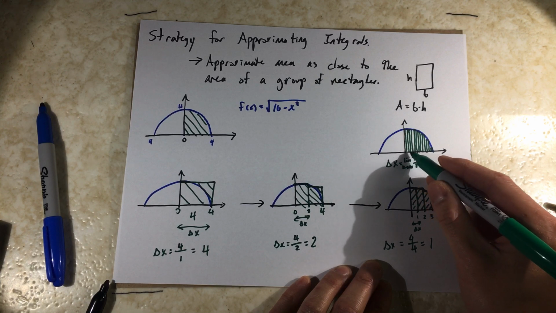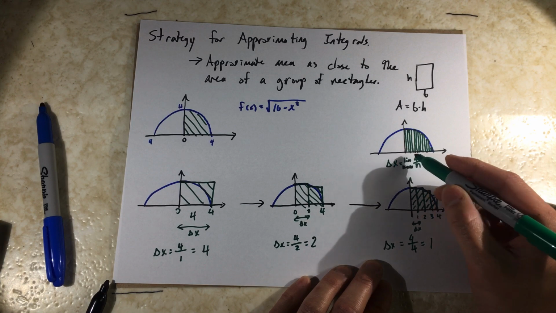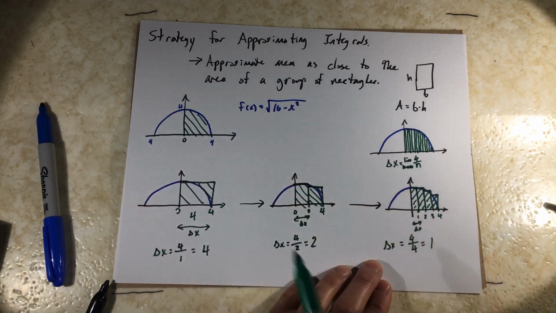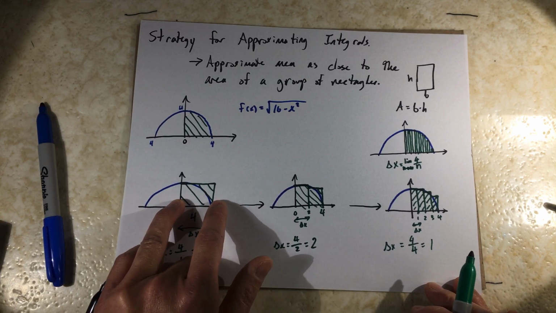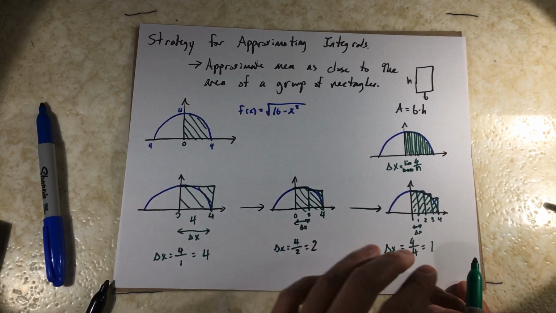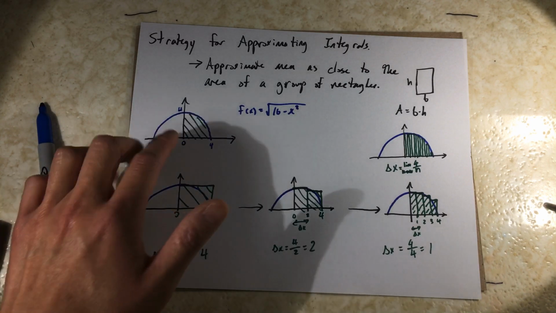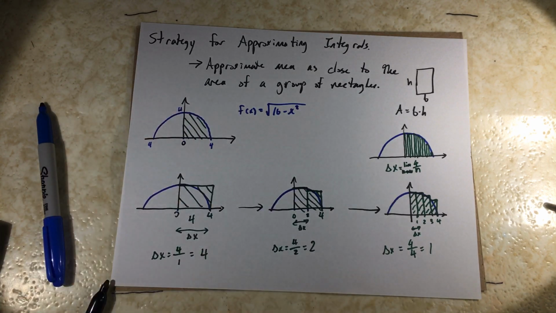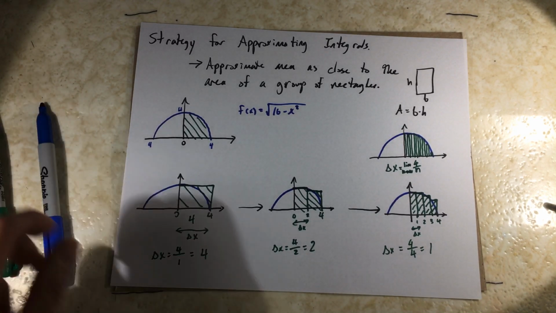So we break this distance 0 to 4 into an infinite number of pieces. It's going to be like a perfect match for the original. So that's how this approximation works. You start off with one rectangle, 2, 4, you work your way up, and you get closer and closer to the actual area which has this curved side. And that's basically our strategy.